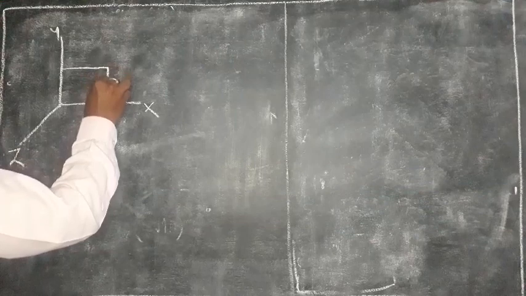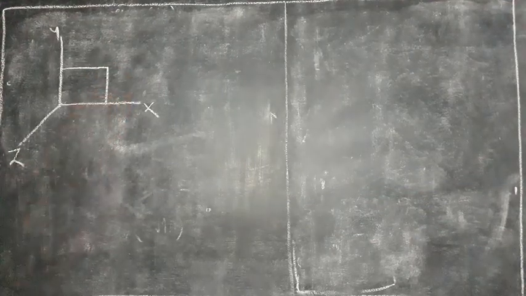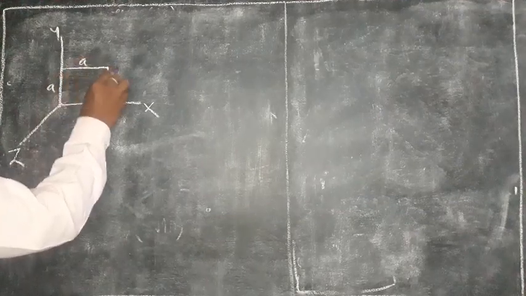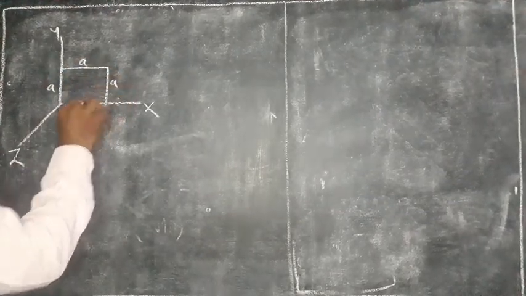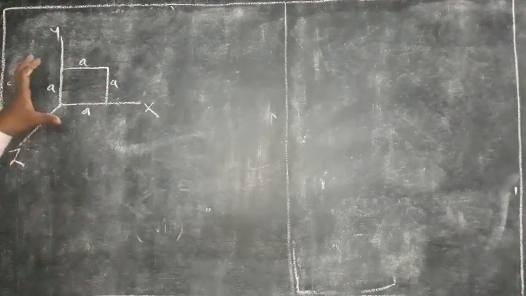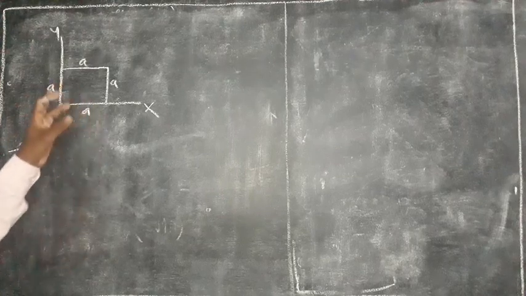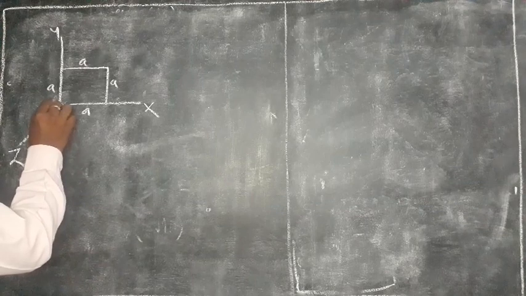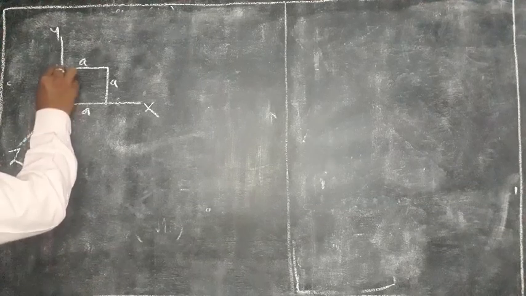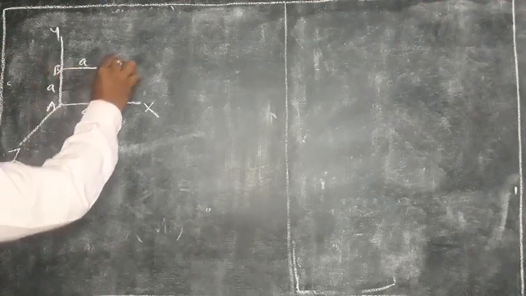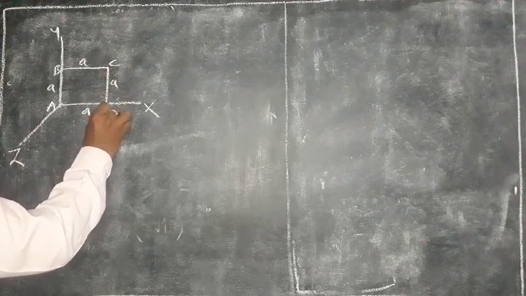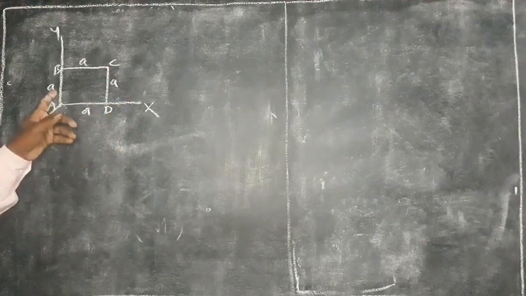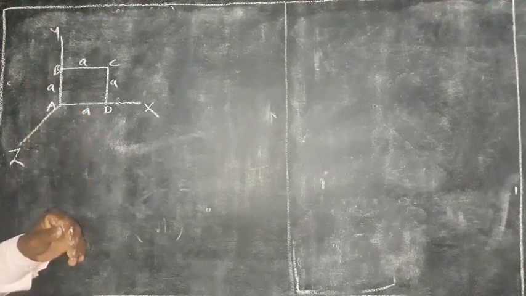Consider a square of side A. Each side is equal to A. Then one can calculate the area of ABCD. It is a square. Area of this square is length into breadth, A into A, A square.